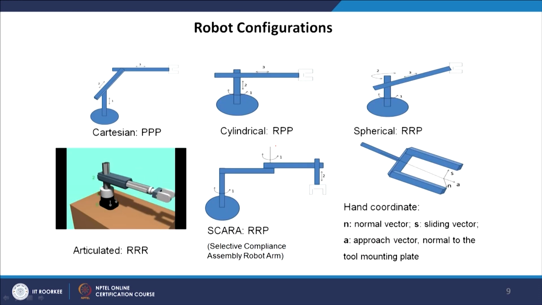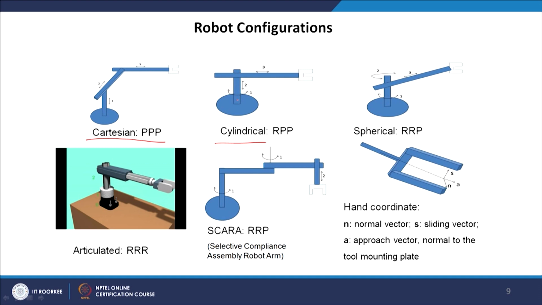Here we can see revolute and prismatic motion. The first one is the prismatic joint; 3 prismatic joints are there. So, it is P 3 times, and it is called the Cartesian manipulator. And for cylindrical, you have 1 revolute joint and 2 prismatic joints.